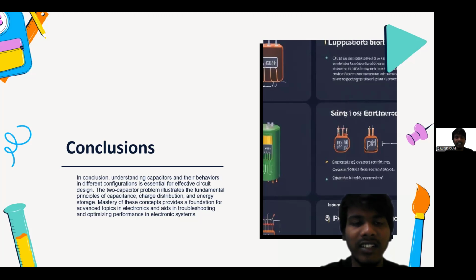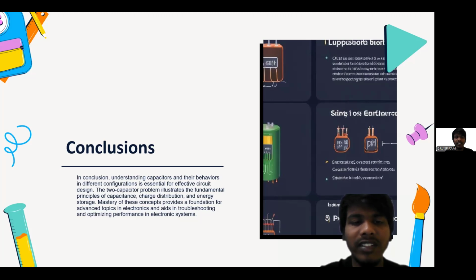Charging and discharging. Capacitors charge and discharge quickly, making them ideal for applications requiring rapid energy delivery, such as in camera flashes and defibrillators.